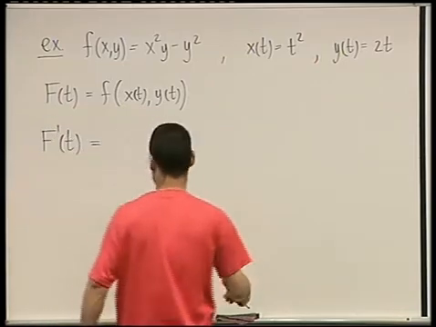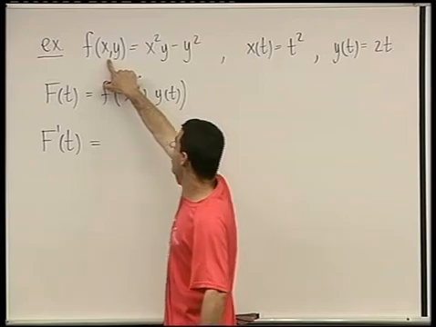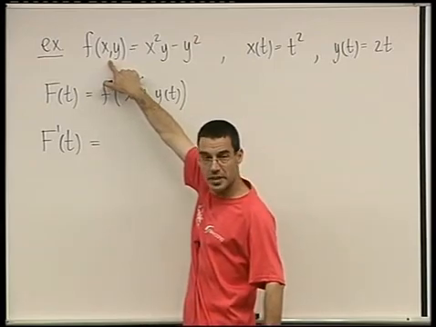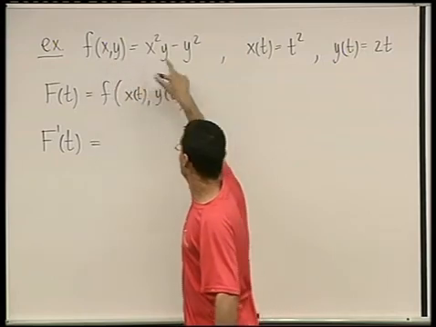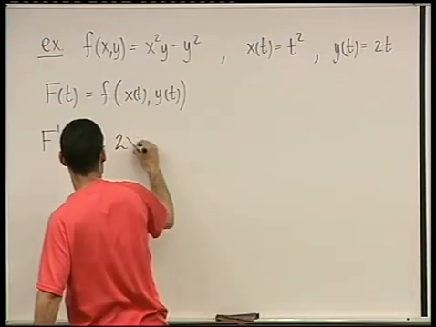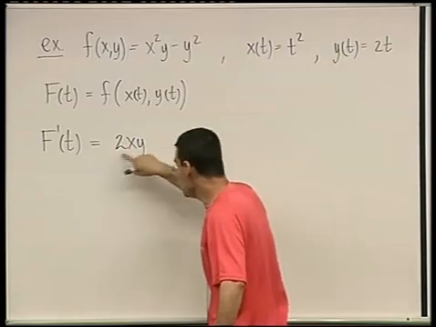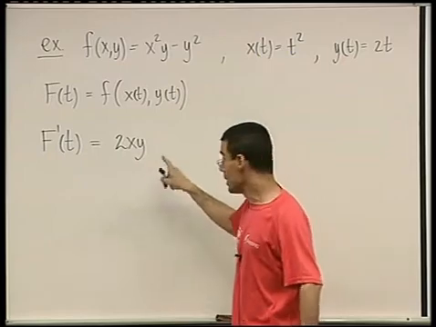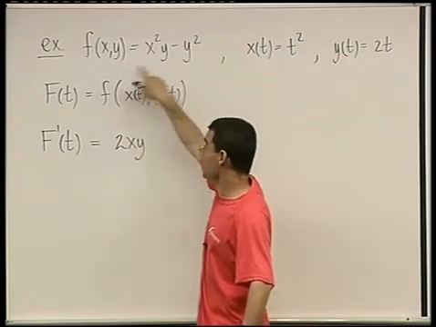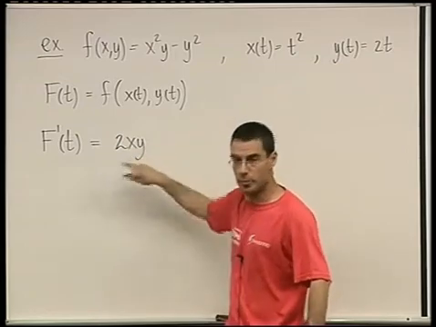I'm just going to do chain rule. So what does the chain rule tell me? Take the derivative of f with respect to x. What is that? 2xy. Do you agree? And I have to evaluate this at x of t, y of t. Note, by the way, the partial derivative, this is df to dx, is a function of both variables.